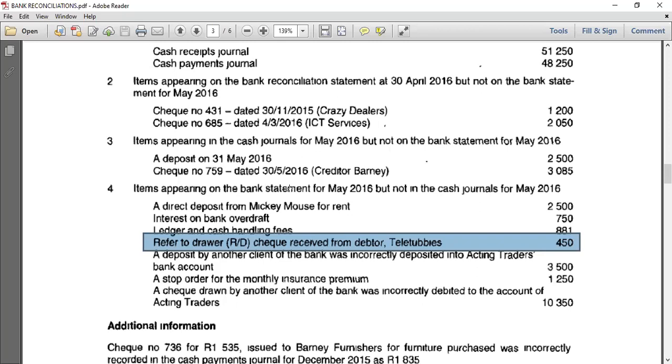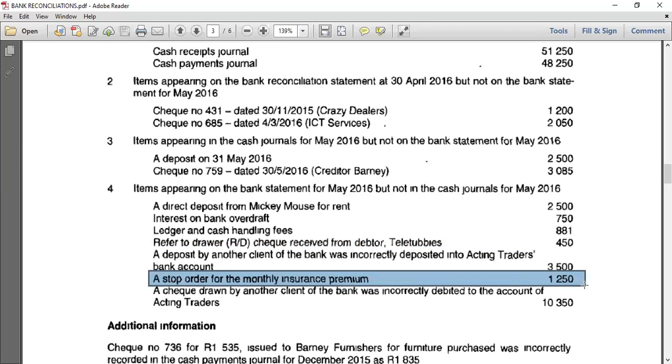Right. Then a stop order for the monthly insurance premium. That one is a payment. So it will go in the cash payments.